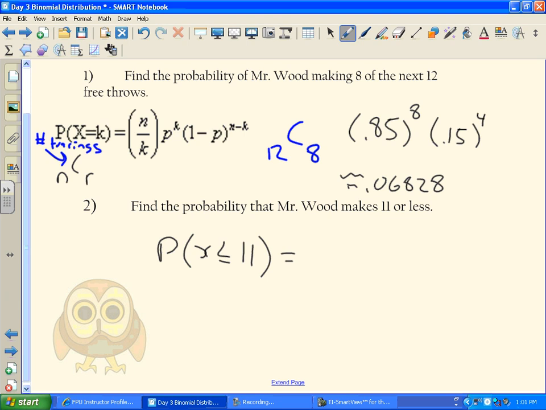This idea should make sense: the probability that x is less than or equal to 11 plus the probability that x equals 12 will equal 1. Is that a true statement? Yes. So if I want the probability that x is less than or equal to 11, it's just going to be 1 minus the probability that x equals 12.